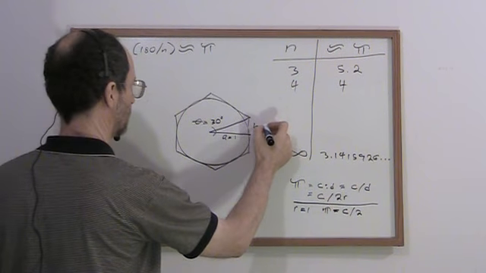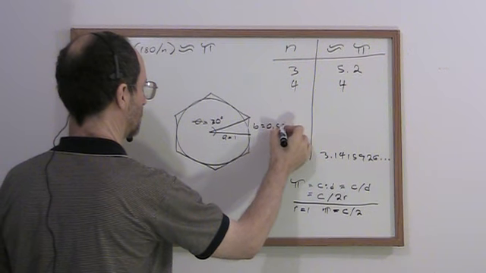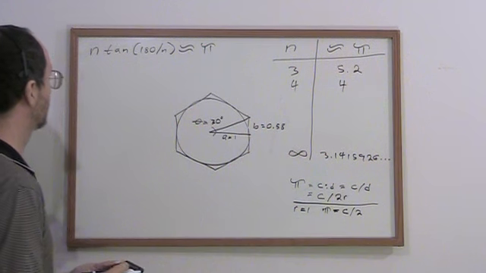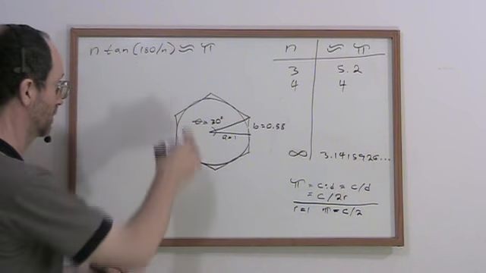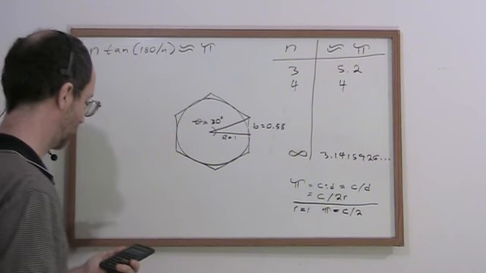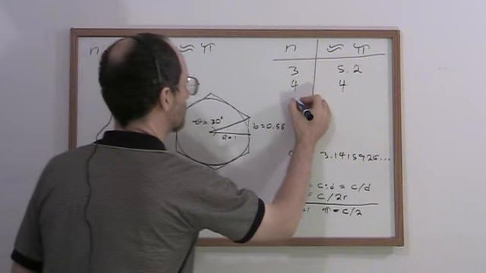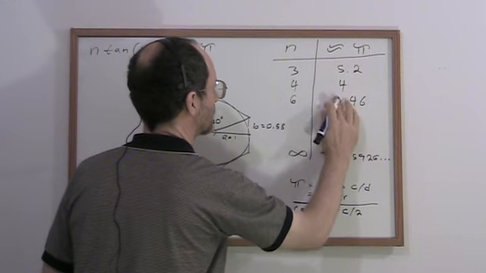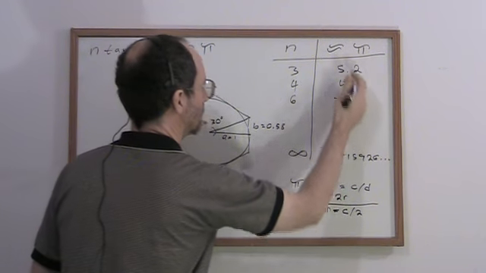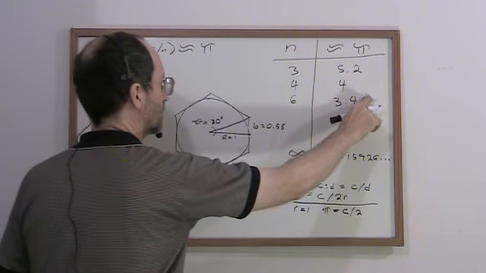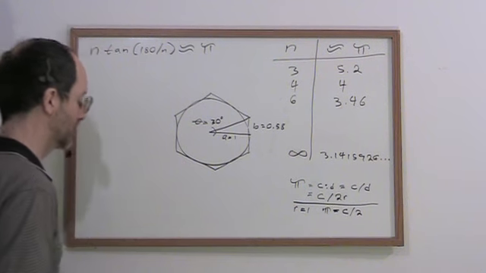We'll call it 0.58, times n, which in this case is 6. So we're down to 3.46 with 6 sides. See, pretty orderly, steady progression towards the known value for pi.